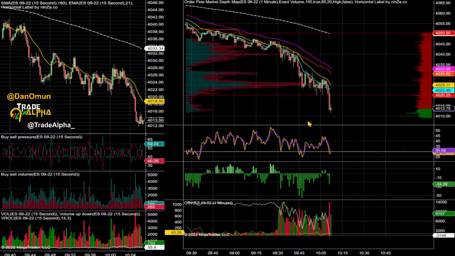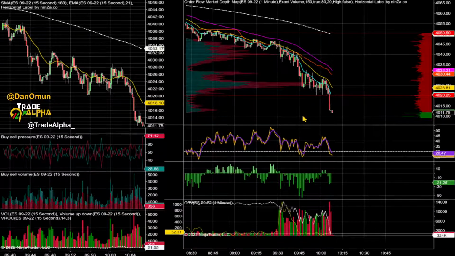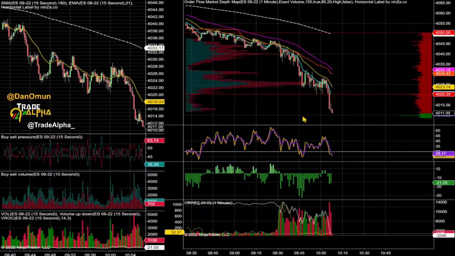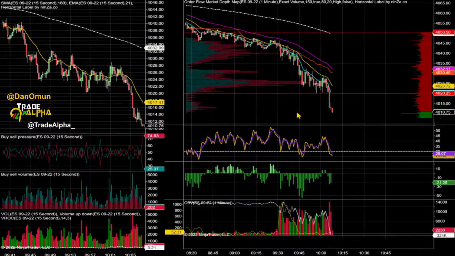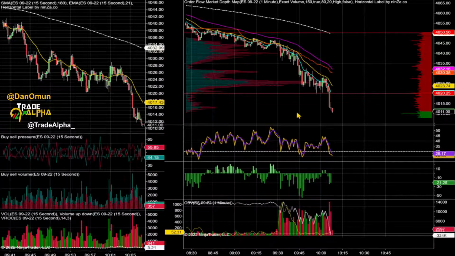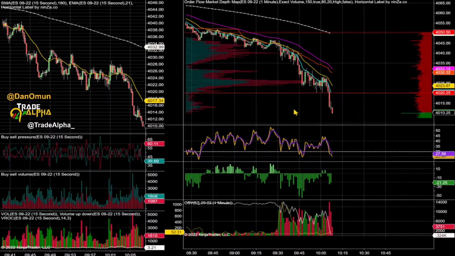A large percentage of reversals intraday will fail. However, with that said, there is some form of intraday reversal approximately 80% of the time. So 80% of days will have some form of reversal, especially on trend days. When you're in a trading range, naturally that's not exactly what we're talking about.